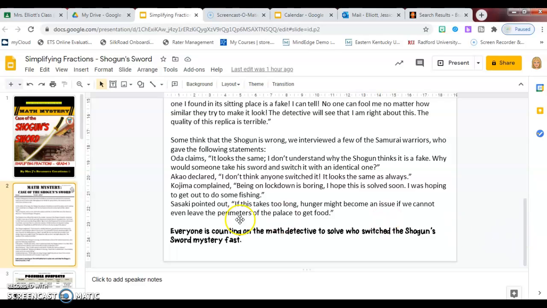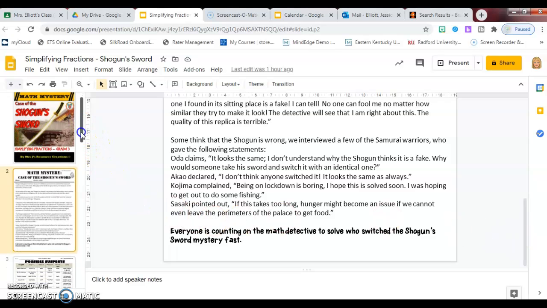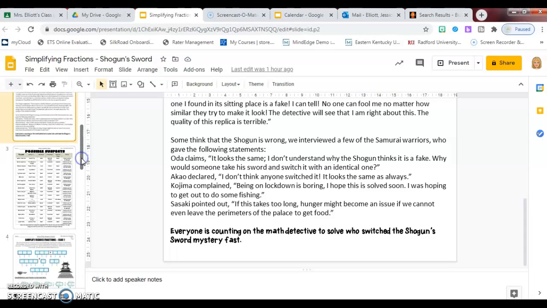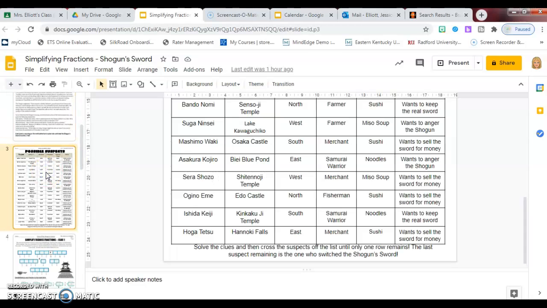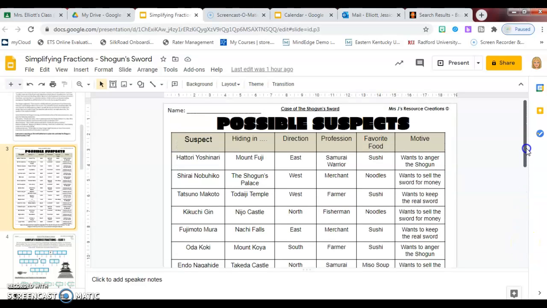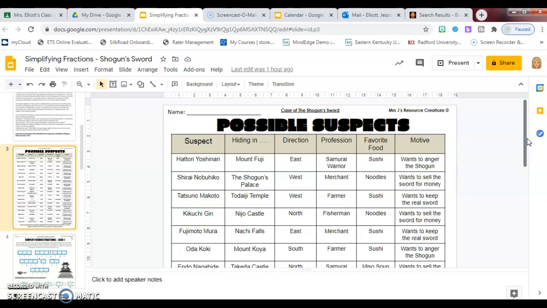okay? So then the next thing you're going to do is you're going to come back to this page often, okay? And if you've had me before, I know you've done these before, and maybe some of you guys have done these before too with other teachers. But so this page is your possible suspects. And basically what you're trying to do is you're trying to solve the crime, okay?